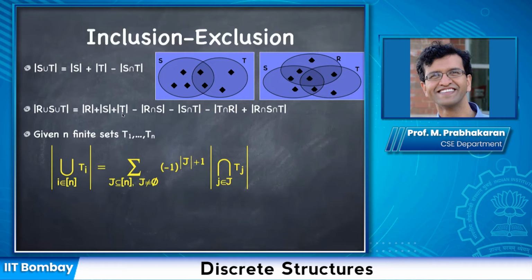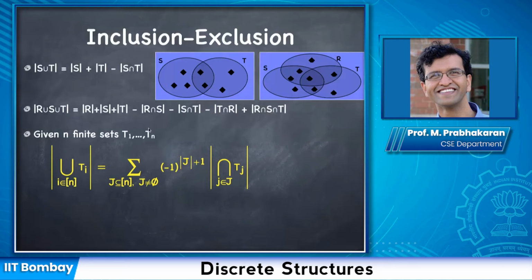These are taking one set at a time, this is taking two sets at a time, and this is taking all 3 sets. So there are 7 such possible combinations, and some of them you include. You have the plus sign, so these you add, and these you exclude. You have the minus sign. Whether you include or exclude depends on the size of J. In this case, when the size of J is 2, so if you are taking the intersection of 2 sets, you exclude.